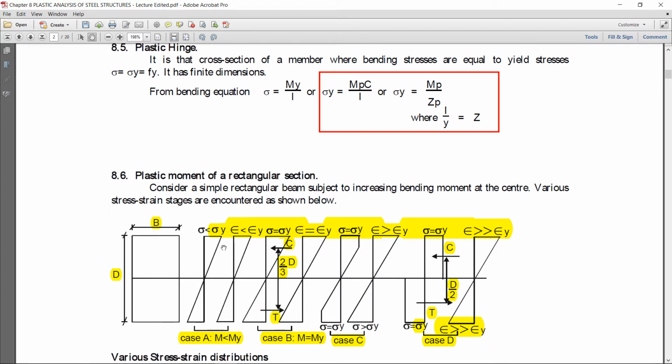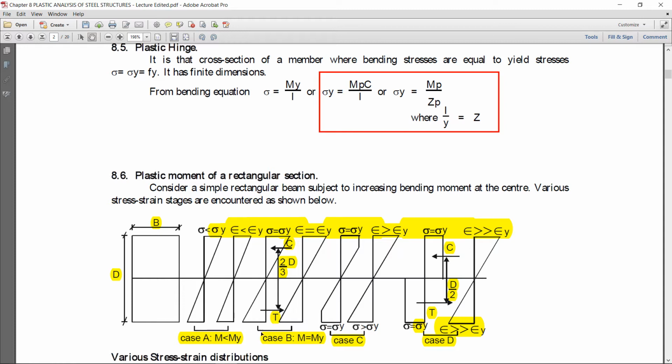Case A, when the loading or the moment in the beam is less than the yield. Okay, here is the stress-strain profile when the stress in the beam is less than yield. Strain is less than yield, and since strain is a linear parameter, the strain profile will remain as it is.